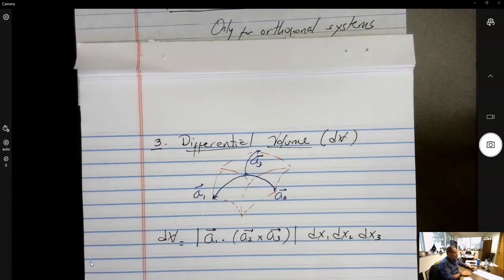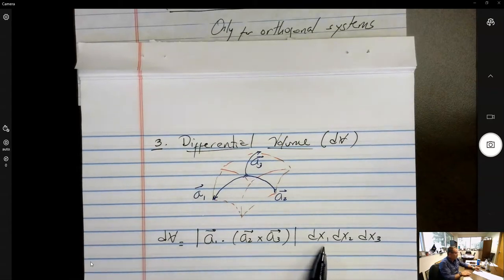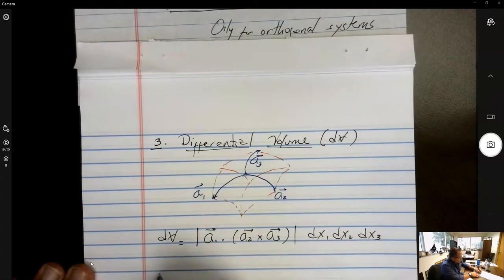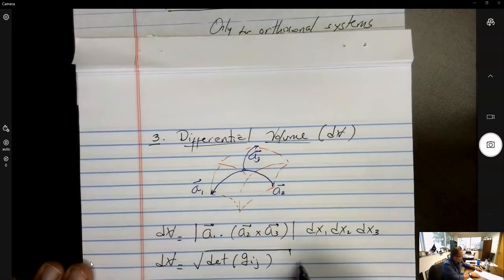This will be 1 in Cartesian coordinates, because the differential volume in Cartesian coordinates is dx, dy, dz directly. If we do the algebra here, this whole thing is the determinant of gij. So this is the square root of the determinant of gij, the metric tensor, dx1, dx2, dx3.